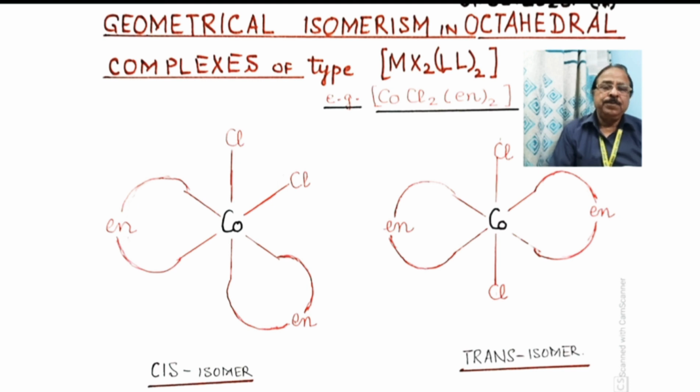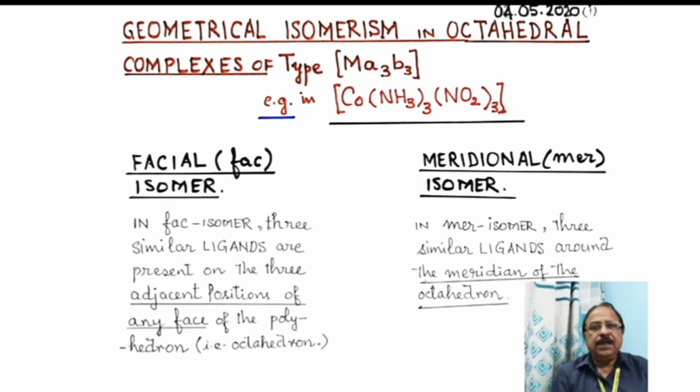Okay, so that is geometrical isomerism in MX2LL2 type of complexes. Now the third type of geometrical isomerism, which is shown by octahedral complexes, is shown by complexes of type Ma3b3.